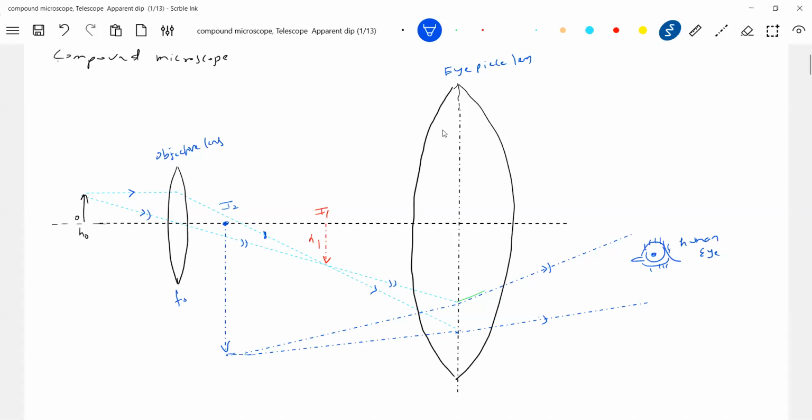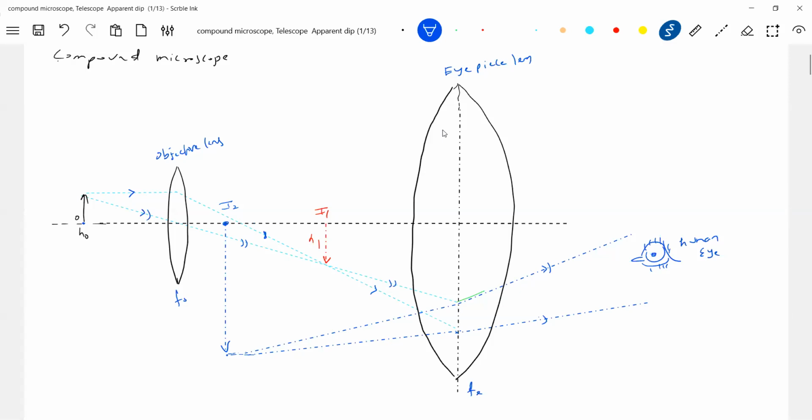These are some sets of diagrams we are taking here. There's an object which has to be viewed by the eye. Then I'll keep two convex lenses. The focal length of this is f0, and this is fe. Go back to ray optics. Definitely the image should be real.